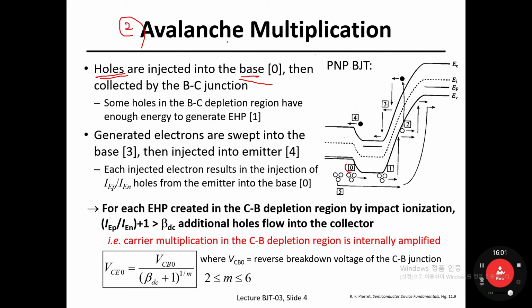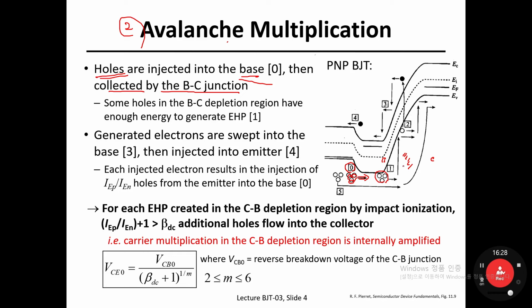So those three holes are now injected into the base. Then, once not too much recombination has happened in the base region, these holes arrive and get into the depletion layer between base and collector. Okay, and then holes are collected by the base-collector junction.